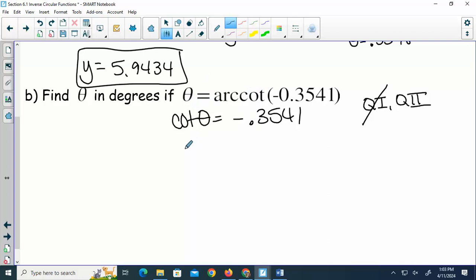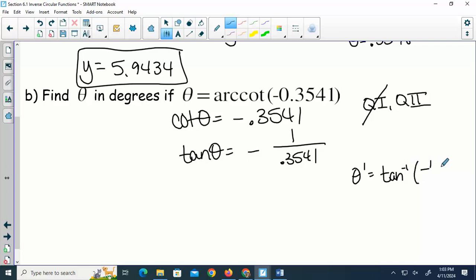We don't have a cotangent button, so that means tangent is the reciprocal. But if you type in tangent of this, you will get the wrong answer. We have to do the reference angle. So my reference angle is going to be tangent inverse of the positive.